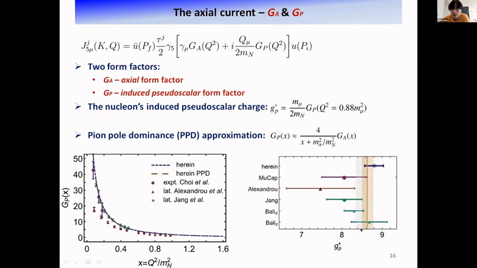These golden and gray bands are the theoretical average values from 2 different methods. We can see that our computed results agree with the experimental and these 3 lattice results. And just like for GP, it is obviously larger than Alessandro's lattice result.